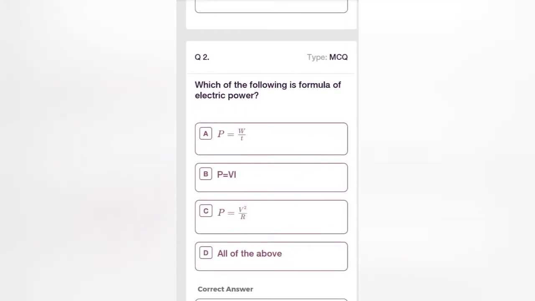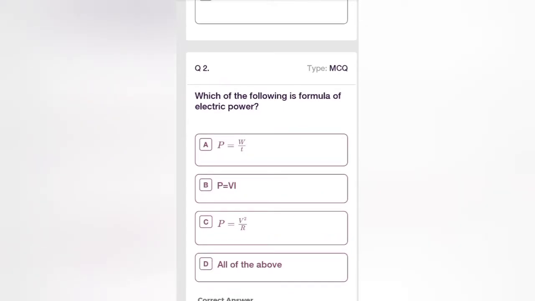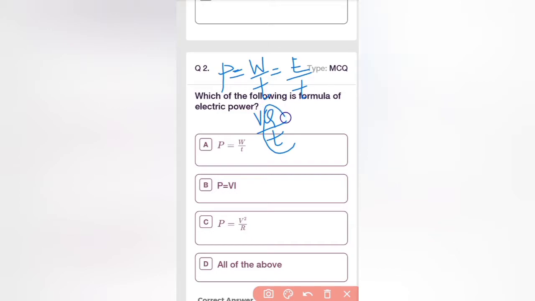Which of the following is the formula of electric power? See, the formula for electric power is written as P is equal to work done by time taken, and work done is energy by time taken. We know that work done is equal to V into Q, right? From this we get P is equal to V into I, because charge per unit time is current.